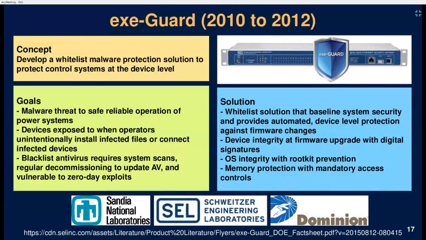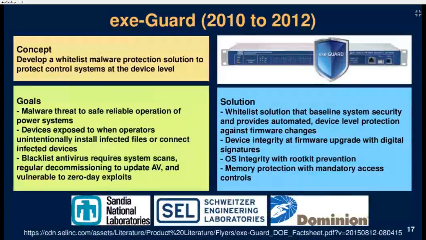So anytime there's a change to that system, the ExaGuard will notice that something has moved, this memory space has increased, this memory space has decreased, and that is how we develop a whitelisted solution that baselines the system security and provides automated device-level protection against any type of firmware change and modification.